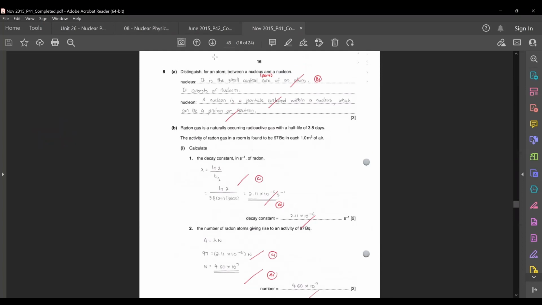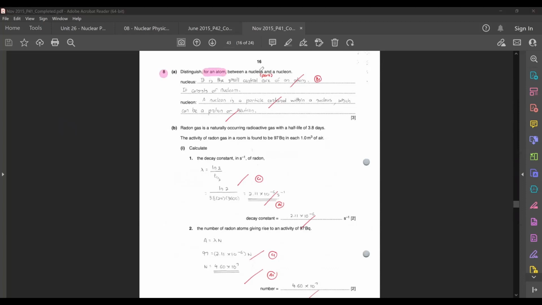Okay, so for this particular question, distinguish for an atom, what's the difference between a nucleus and a nucleon? If you're talking about an atom, this one is your nucleus, and then you by right have electrons orbiting around it. This entire thing is what you call an atom.